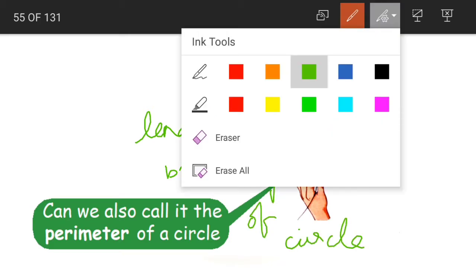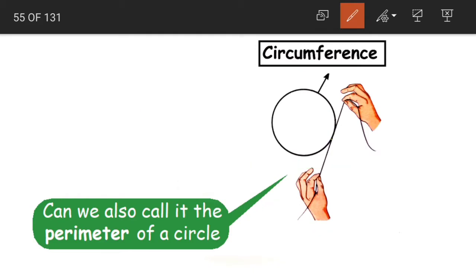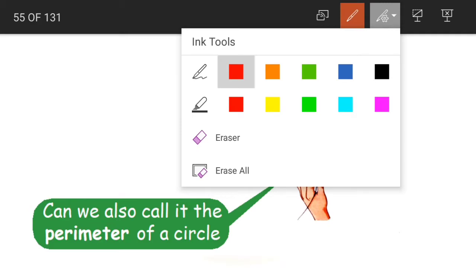So what is the experiment again? To find out the length of the boundary of a circle, we are taking a thread and then wrapping it or placing it along the edge of the circle. The red mark is our starting point.